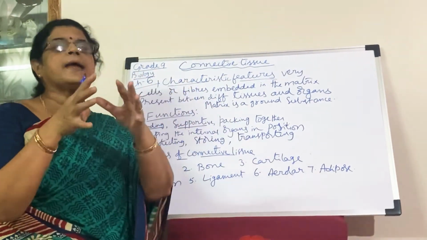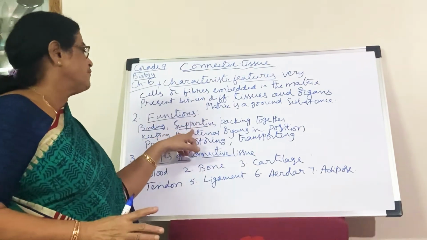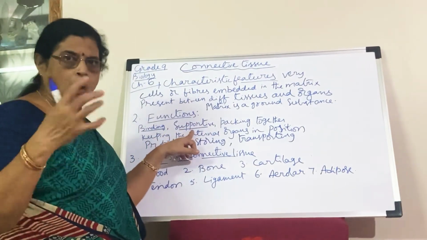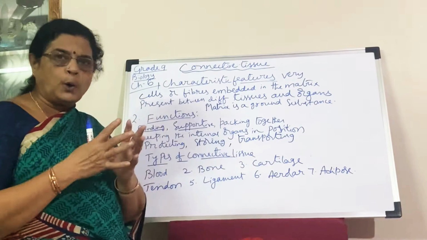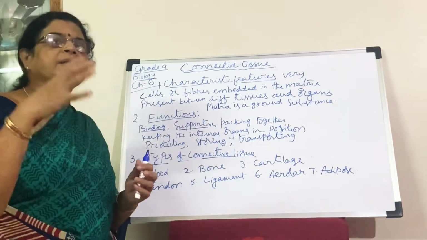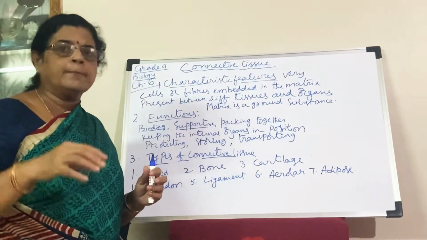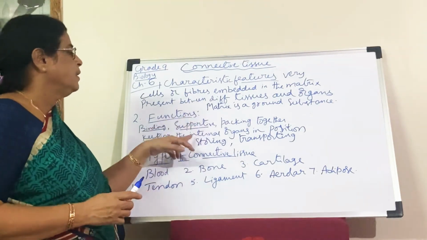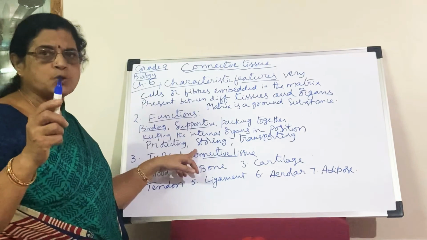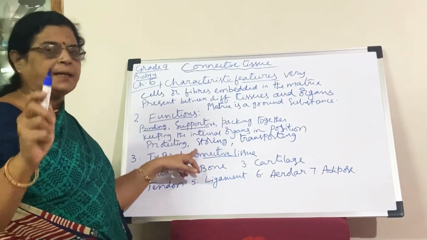These cells are embedded in the matrix. Coming to the functions: binding the internal organs, supporting, protecting, keeping the internal organs in their original position, storing, and transporting. All these functions are done by connective tissue.